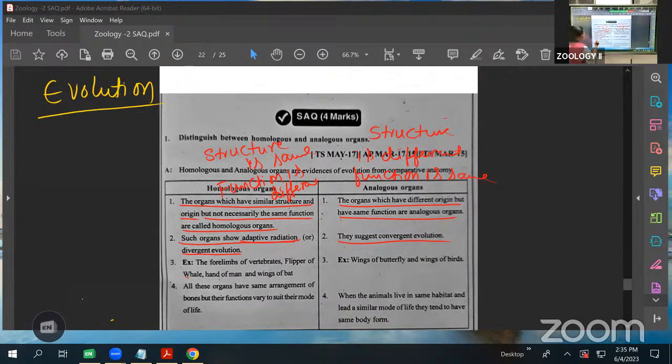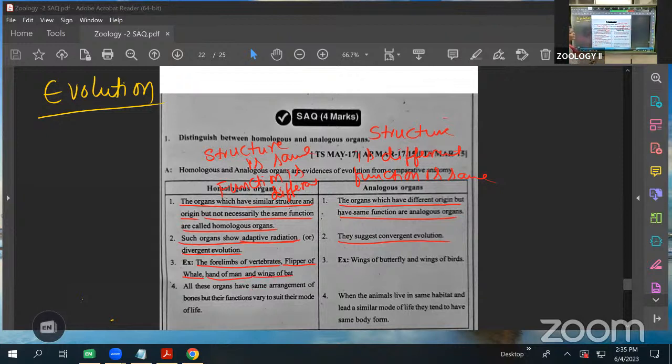See this one. The four limbs of vertebrates. Any vertebrate you take, the fishes, amphibians, reptiles, anyone. The flippers of the whale, the hand of man and wings of bat.